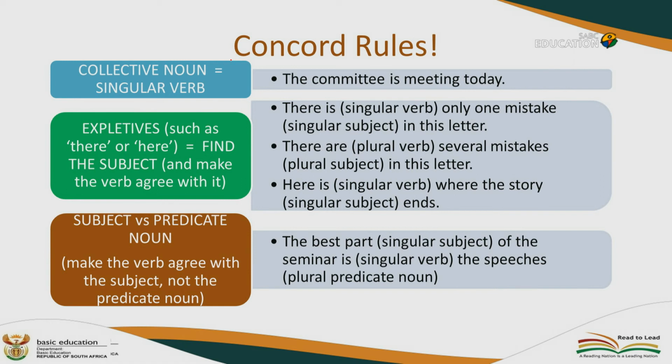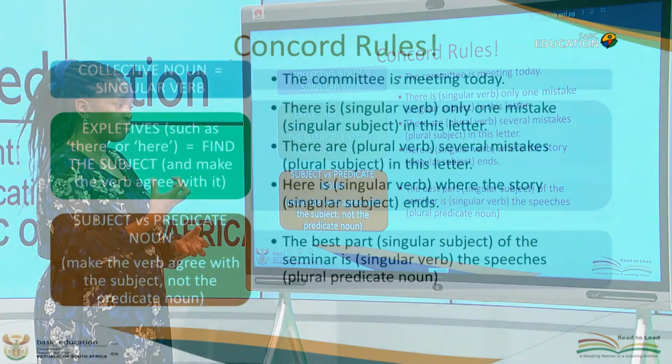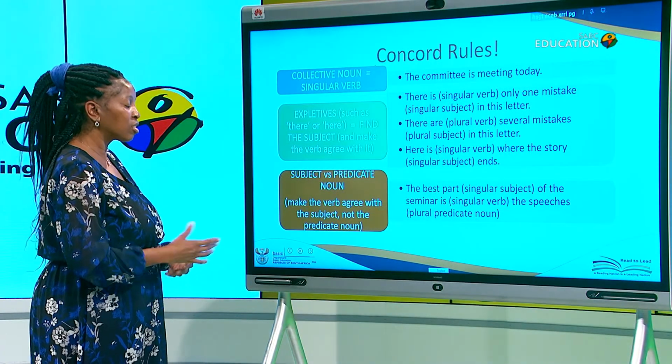And then we have subject versus predicate noun. The best part of the seminar is the speeches. You will realize that the last word is a plural predicate noun, the speeches. Therefore, we cannot say are. We concentrate on the singular subject. The best part is the speeches.